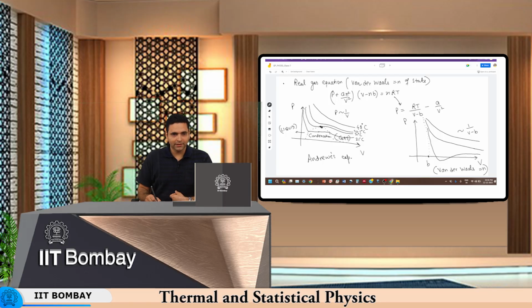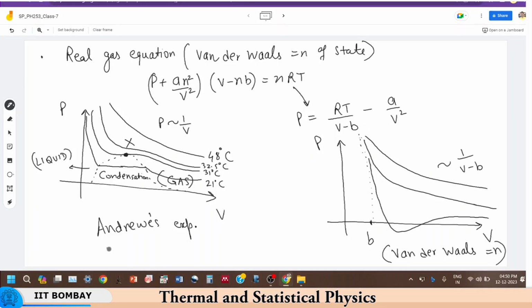Another important thing that I also mentioned in the last class was about this critical point X, right? In Andrews' experiment, we observed that this critical point is defined by three parameters: the critical pressure, the critical volume, and the critical temperature. This critical point is the point beyond which we can see the phase transition.